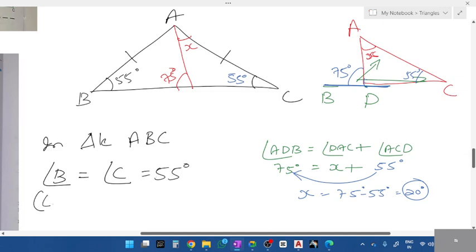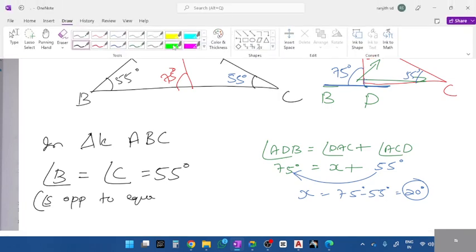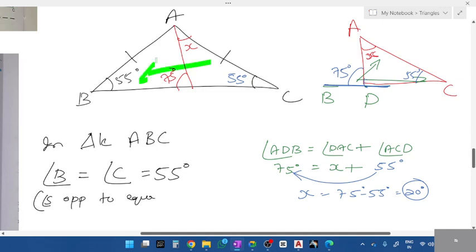In brackets you write: angles opposite to equal sides are equal. So what do you mean by angles opposite to equal sides? If you draw the opposite line, they would be equal. After this, start using the steps.